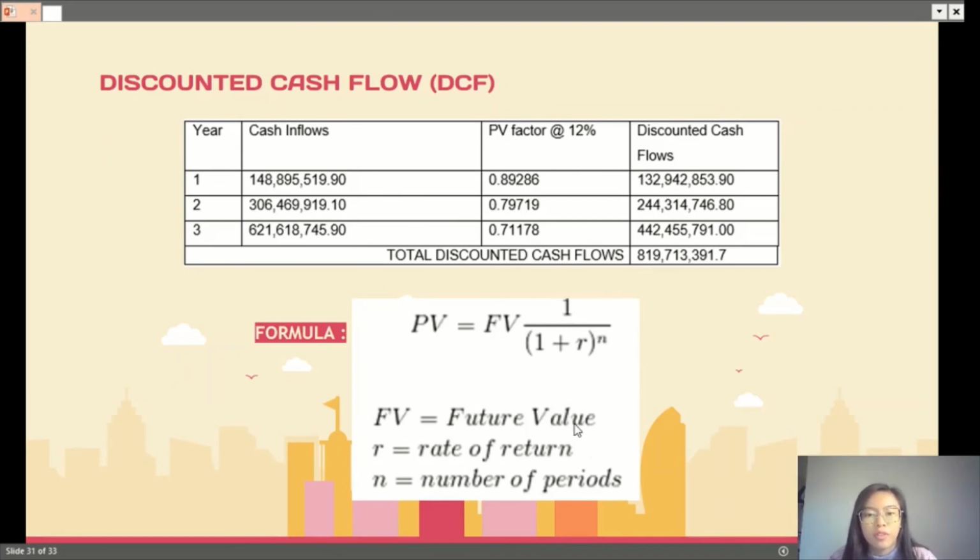FV is the future value, which is the cash inflow value. R is 12%, which is 0.12. And N is the number of periods: for the first year we use 1, for the second year we replace it with 2, followed by year 3. Then the last one is the DCF value, which is the cash inflows times the PV factor.